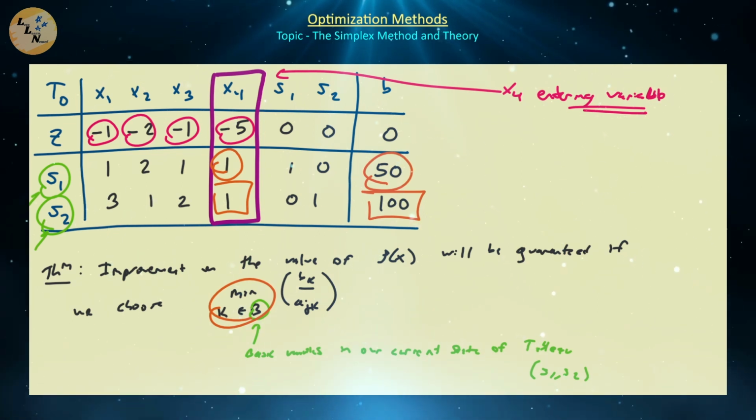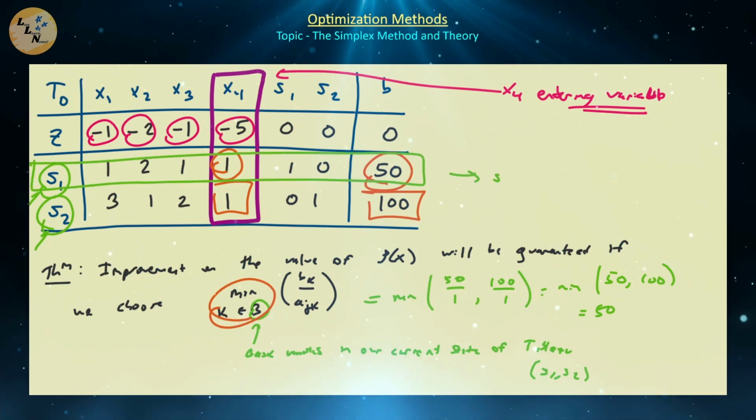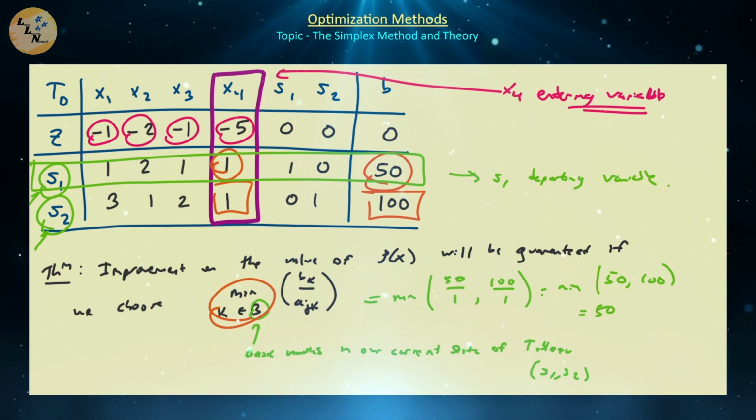So in our particular example, that means we need to choose the minimum of 50 divided by 1 and 100 over 1, which is going to be equal to the minimum of 50 and 100, and the minimum of 50 and 100 is equal to 50 for our particular example. Therefore, this particular row is the row that we're going to focus on, so that means that S1 will be our departing variable. And I'm not going to prove this theorem, but every time you choose that particular one, the value of f of x is guaranteed to be better than what it used to be.